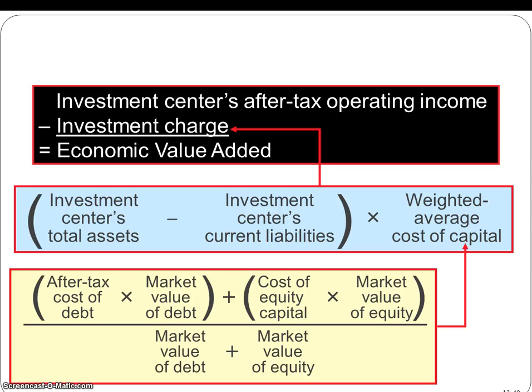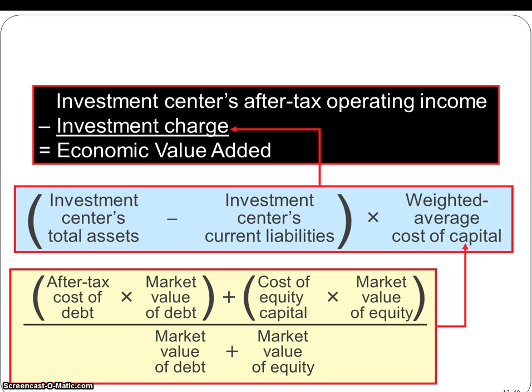And that $10 might come in the form of $8 of dividends and $2 of stock appreciation. By stock appreciation, I mean the stock price goes up in value on the open market. So in that case, with a $100 investment and a $10 return, that's a 10% return in the form of a combination of market appreciation and dividends. That would be your cost of equity.